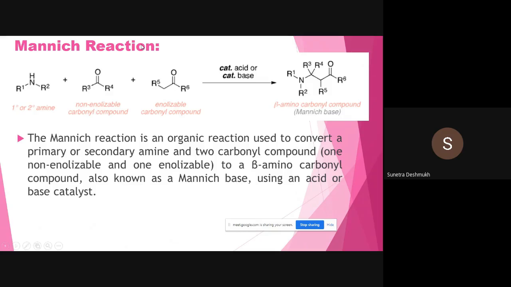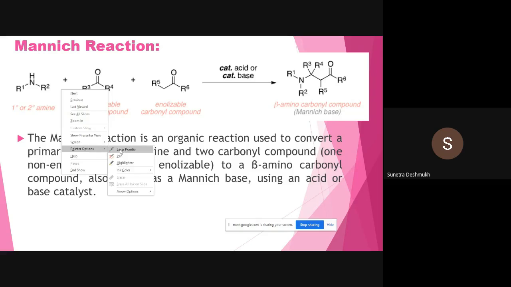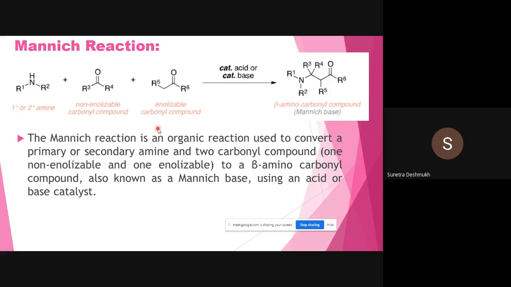In this reaction, we are going to use three different starting materials. One is, in addition, a primary amine. This is one of the important things we add here. And as usual, two carbonyl compounds. Out of those two carbonyl compounds, one is non-enolizable.